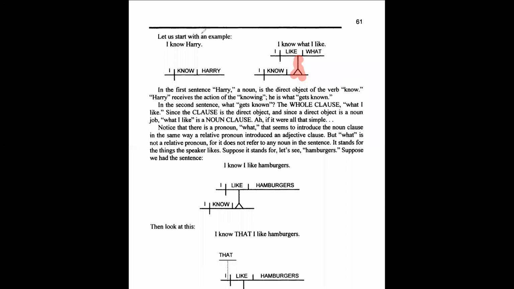So you have the I, the subject of the clause, and then you have the verb, like. And then within that clause, you have to rearrange it. You have the direct object, what. So if you look at that, I know what I like. What's the subject of the verb I like? It's I. Okay, so we have to put it first, just like we normally do with our subjects. What cannot be the subject?